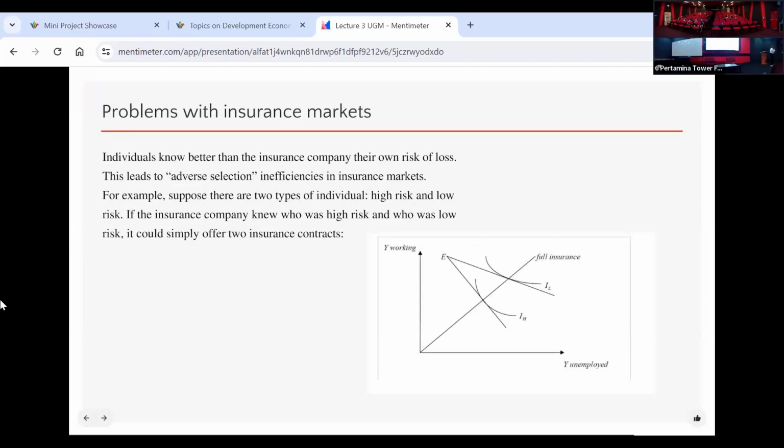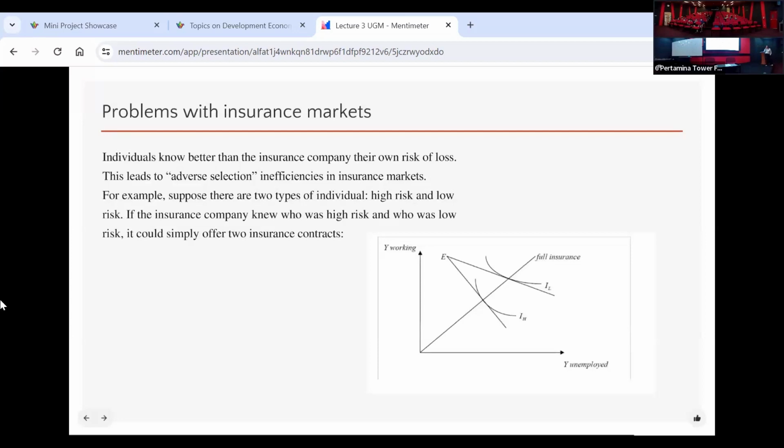I don't want to run any risk because I really love my Lamborghini, or my health, or my education, whatever I'm insured. And for the high risk, the marginal rate of substitution is a little bit larger.